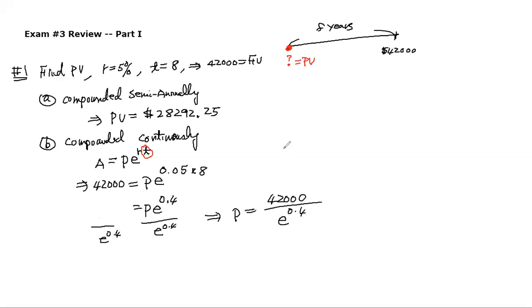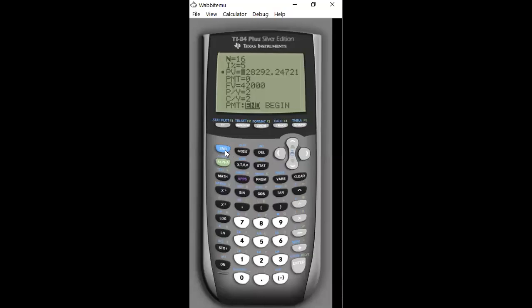Okay, now I'm going to show you how I use the calculator to get this. Let me flip back to my calculator. Okay, so my calculator is here. I need to get out of this screen. So this is 42,000, right?